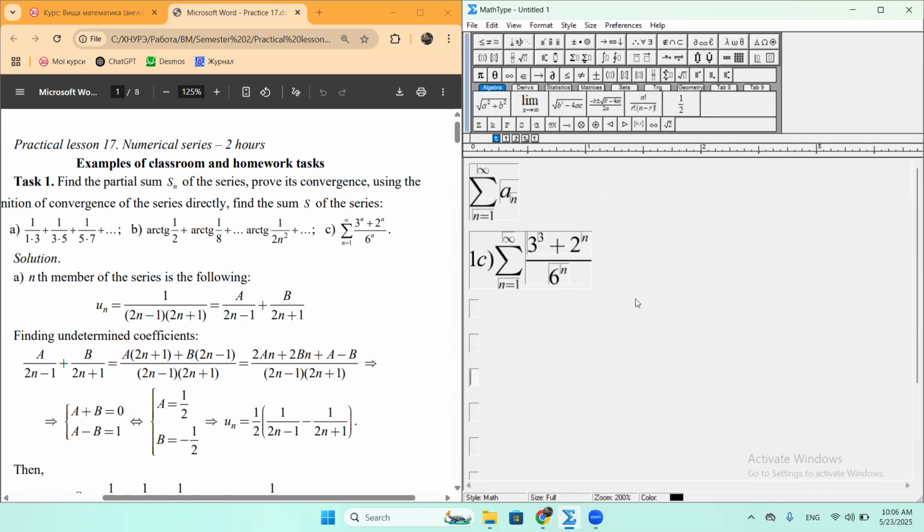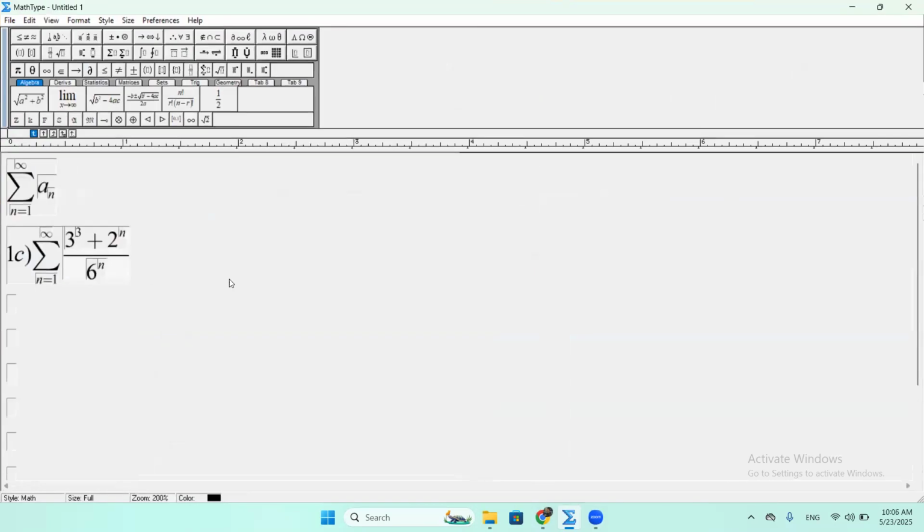Actually, we can do the following: we will divide each term by 6 in power of n, and we will receive the following sum.